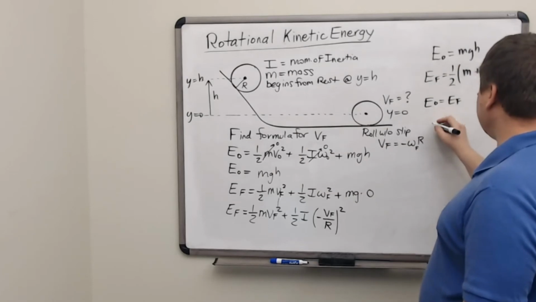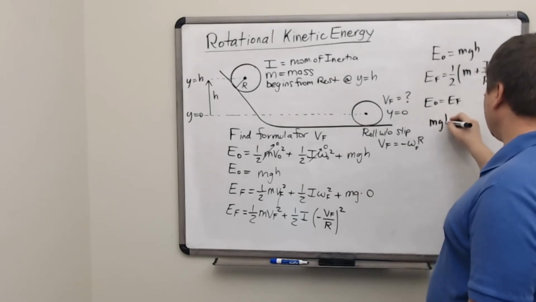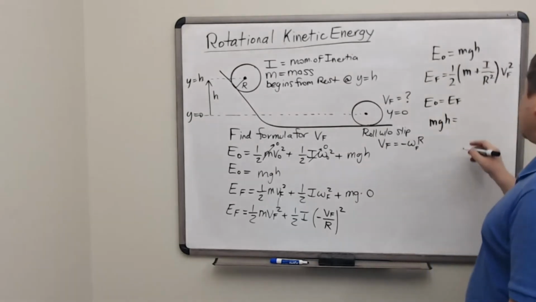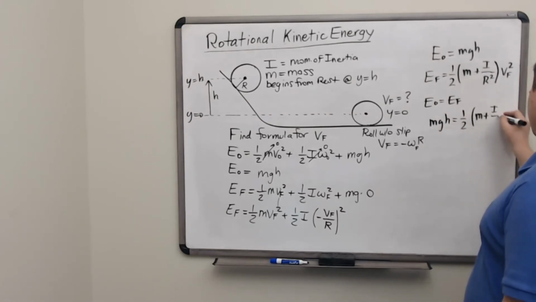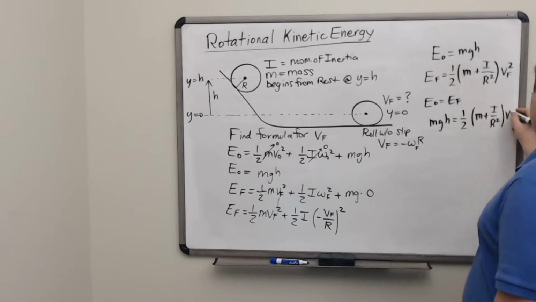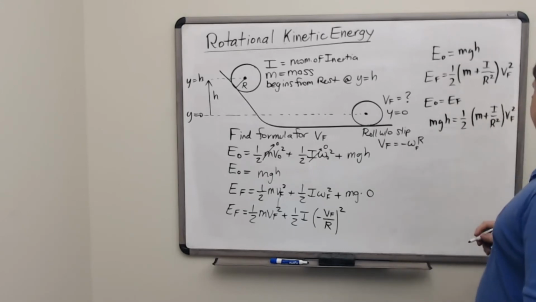So our equation of conservation of energy is mgh equals 1/2 times the quantity m plus I over r squared times vf squared. My next goal is just to solve this for vf.